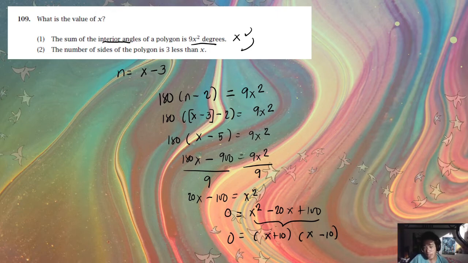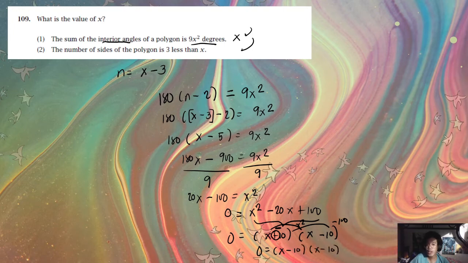If you try to check, this is going to give us x squared, this is going to give us negative 100, and this gives us positive 10x and then positive 10x. Okay, so we have here two signs that are not quite correct. So we can transform this positive sign into a negative one. So therefore, we can say that 0 is equal to x minus 10 times x minus 10.